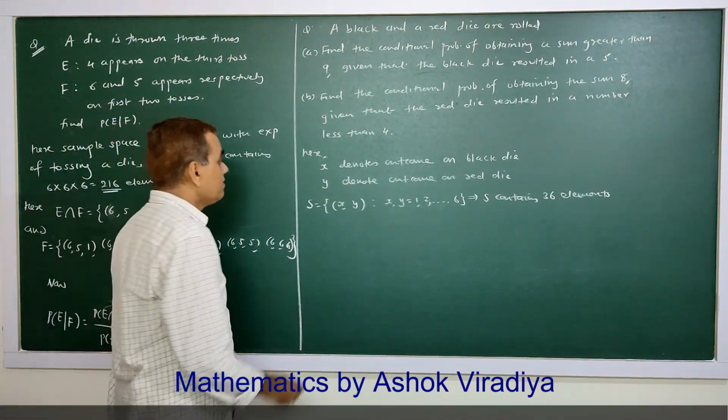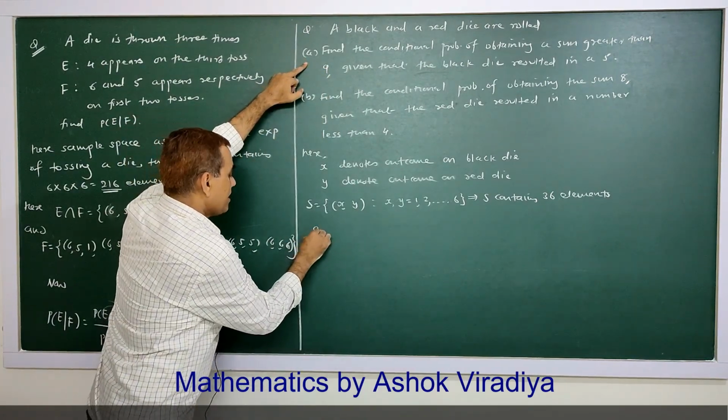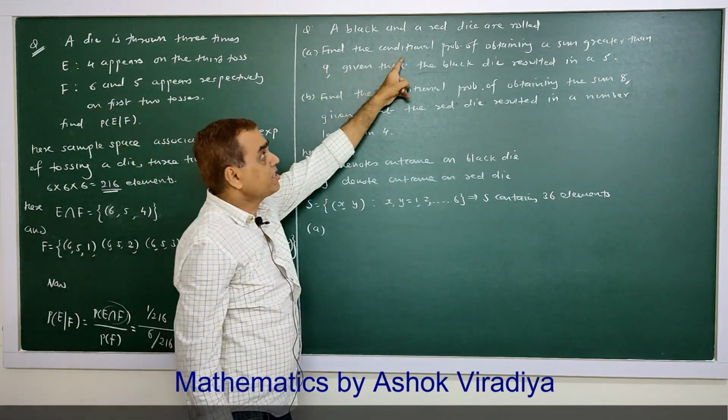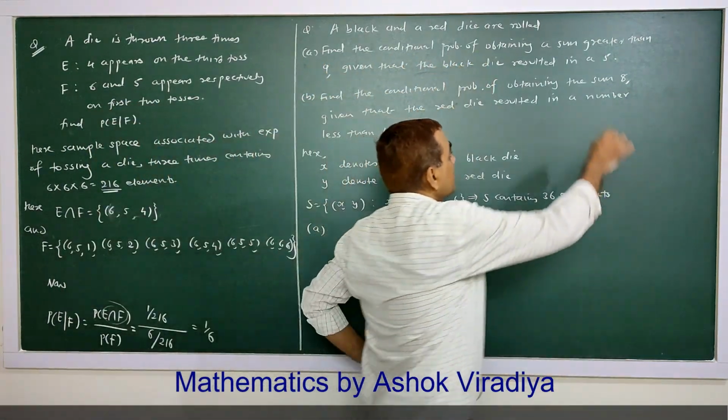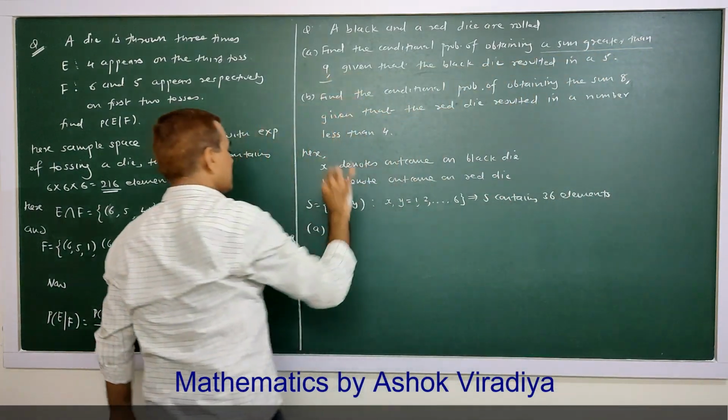Now we are finding the probability for case A. Find the conditional probability of obtaining a sum greater than 9, given that the black die resulted in a 5.